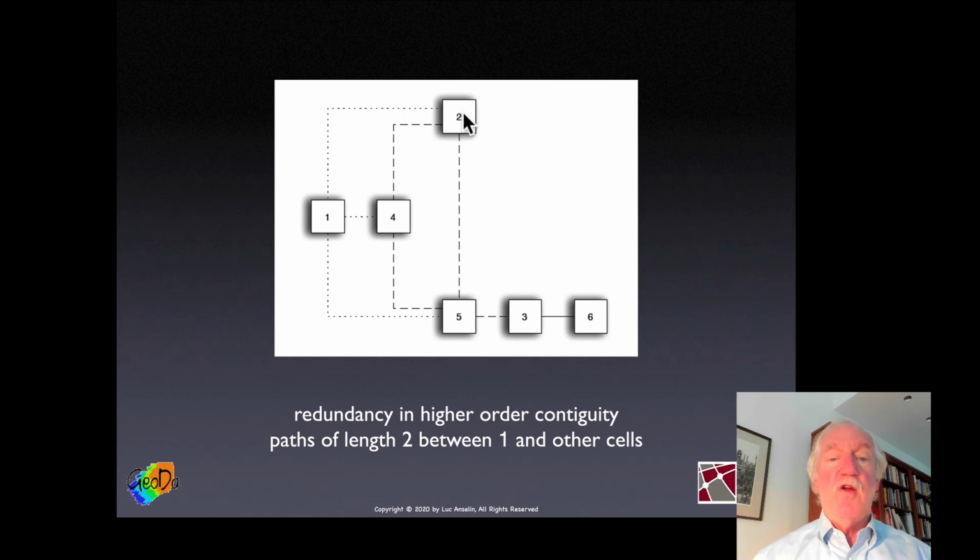Now 2, 4, and 5 are all already first order neighbors, so they don't count. The only one that truly counts is 3, which takes 2 steps to get to from 1. So that's this notion of pure contiguity, removing the redundancy, versus cumulative contiguity, which does not.